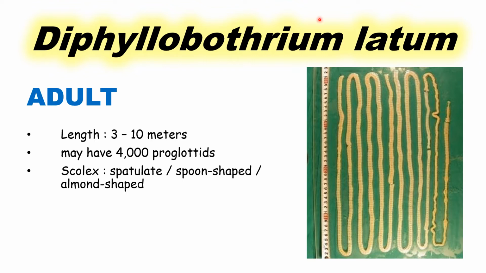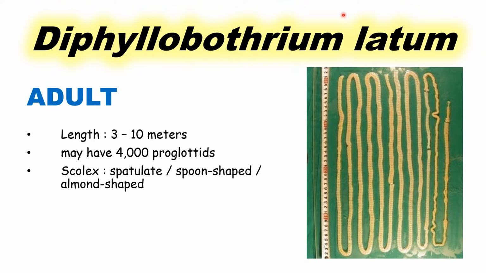Okay? The terminal 4 to 5th of the worm is composed of mature and gravid proglottids. Its scolex is spatulate, spoon-shaped, or almond-shaped, with two bothria.